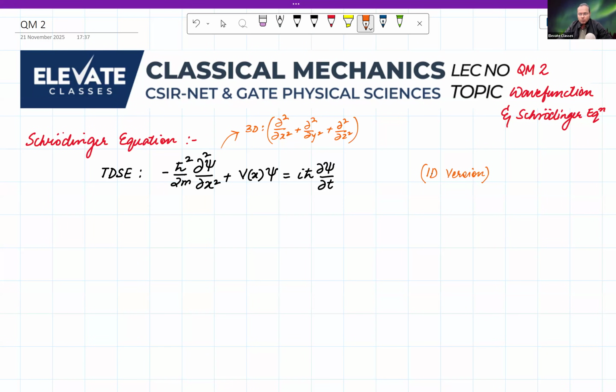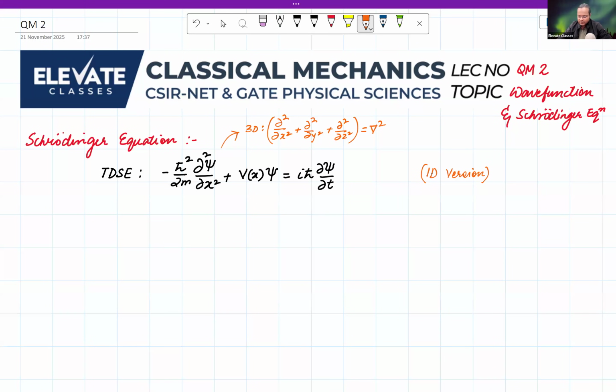If you want to study this problem in 3 dimensions, but in a different coordinate system, let's suppose a spherical coordinate system, then you just have to take a transformation of this Laplacian in spherical coordinates. Here I have written it in Cartesian coordinates, which is the simplest looking expression. Spherical coordinates have a different form in terms of r, theta, phi. Especially this is important for the hydrogen atom.